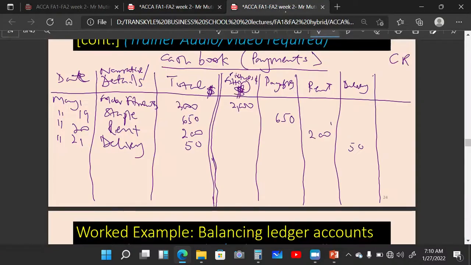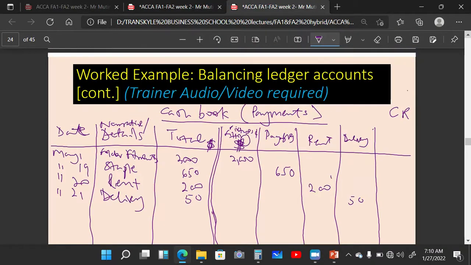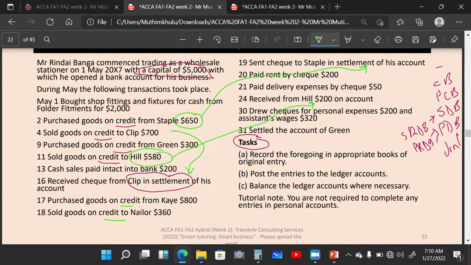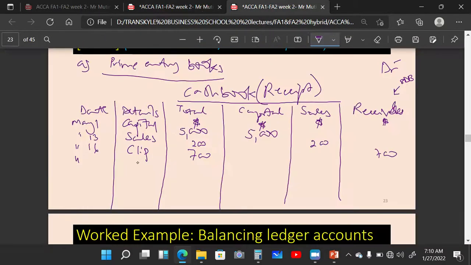So we go to the receipt side. What was the date? 24th for $200. 24th of May. Mr. Hugh, 200 bucks. Receivables, 200 bucks.